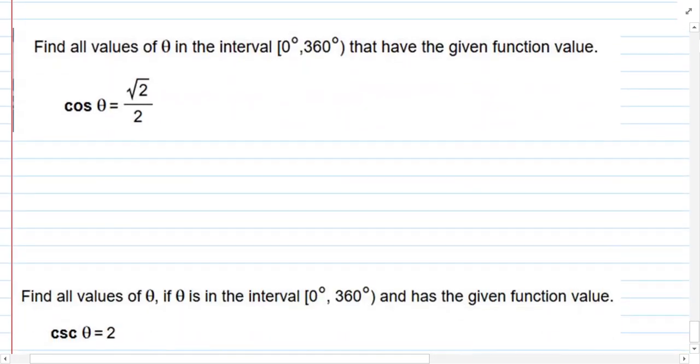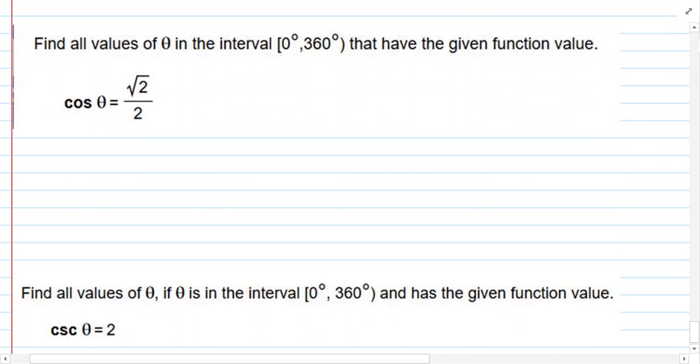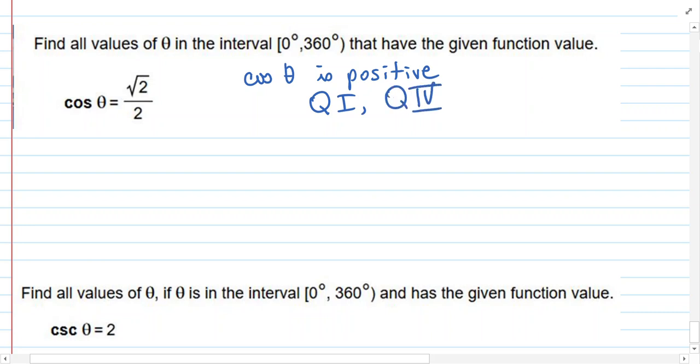Of course, you can use for starters, your unit circle. So here, this one's easy. Cosine of theta is positive in quadrants 1 and quadrants 4. And we know it's 45 degrees in quadrant 1.